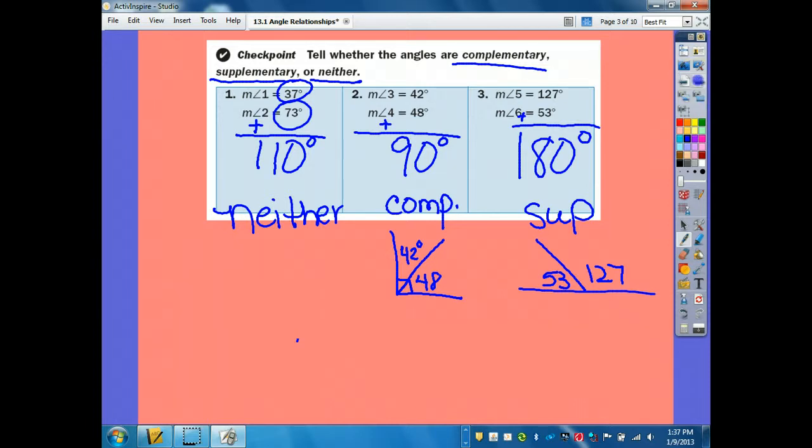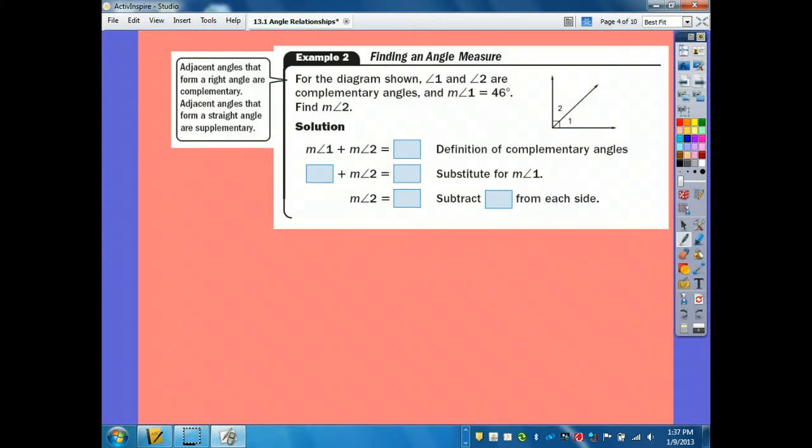All right, next page. Now, looking at this diagram, and we already went over the straight angle part of it. We have this angle, and it is 90 degrees. We have angle 1 and 2. Do they tell me angle 1 or angle 2? Angle 1 equals how many degrees? 46.